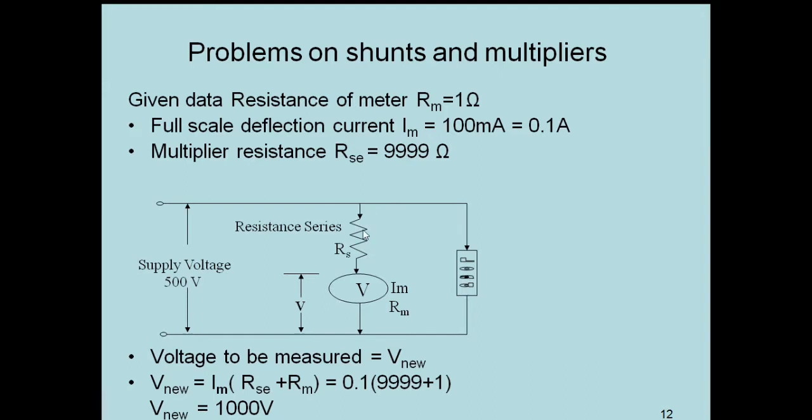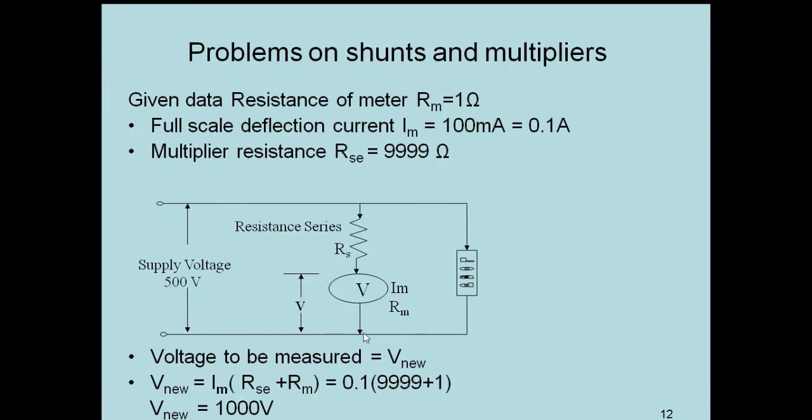They have connected a resistance of 9999 ohms. After connecting, what will be the extended range of this voltmeter? This range we need to find out.